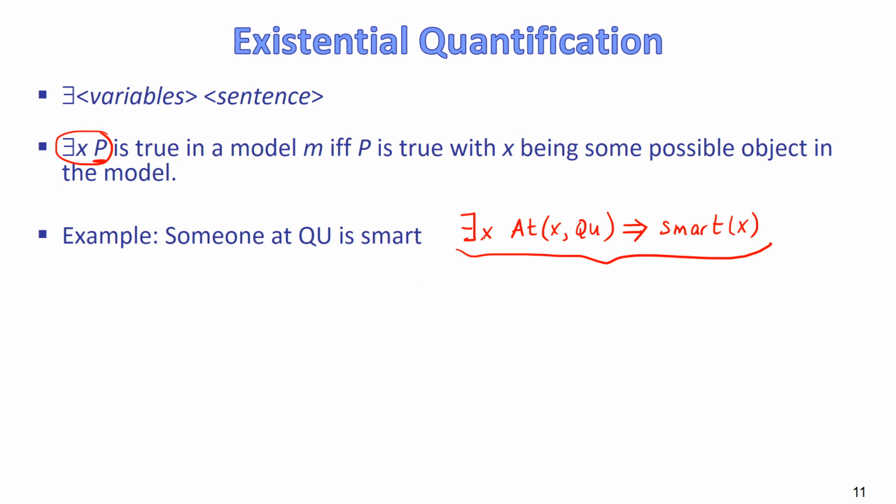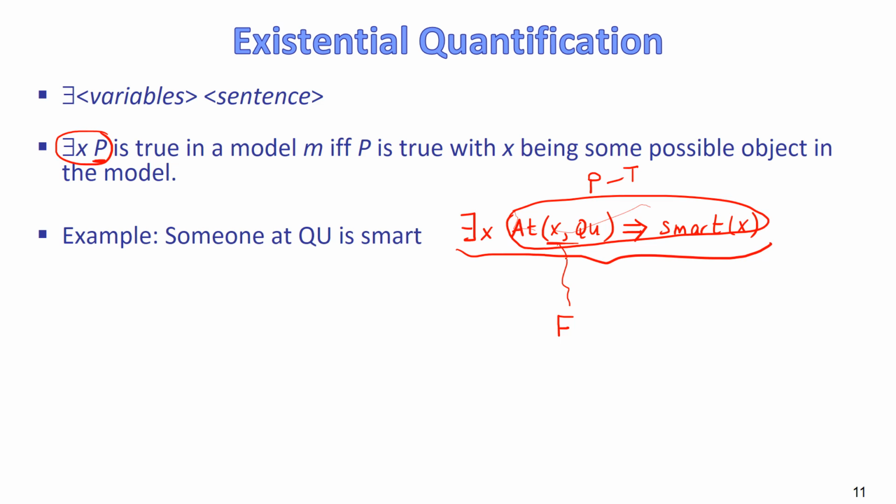If I say there exists x such that if x is at QU, then x is smart, this sentence can be true if there is at least one person in the world who is not at QU. Because this is P now. If P is true for any x, then the whole sentence is true. When can this be true? If the condition is false, right? You know from the implication, if this is false, then we don't care about the conclusion, and this will be true.